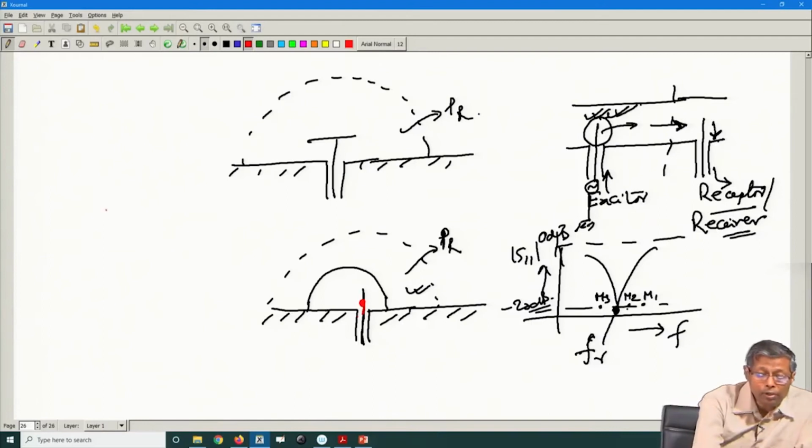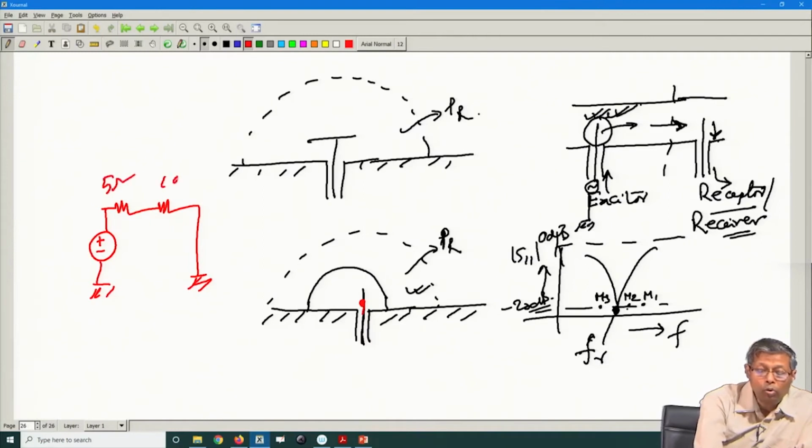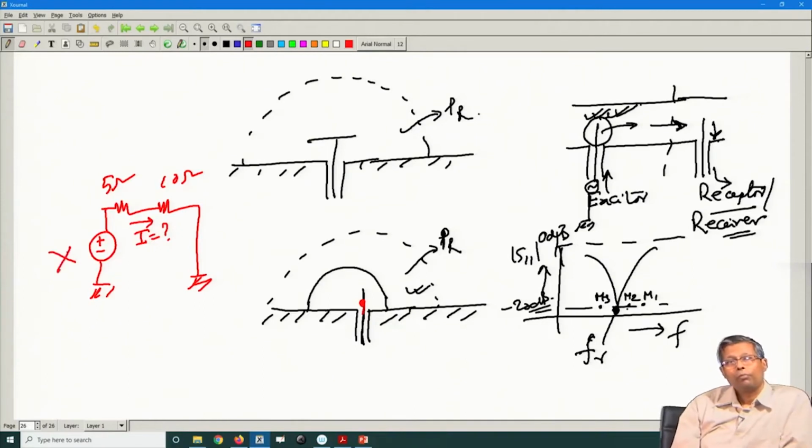It is like giving you a circuit like this with two resistances R1 and R2, 5 ohm and 10 ohm, and asking you to calculate the current without the battery being known. This is the battery which is driving this network.